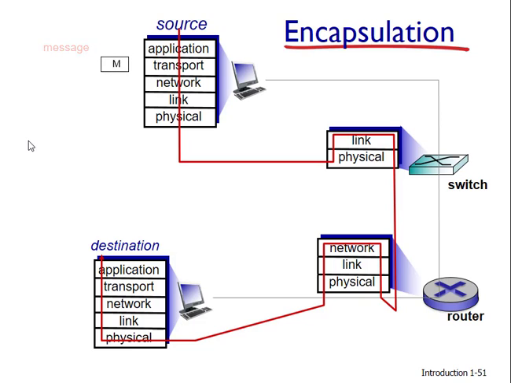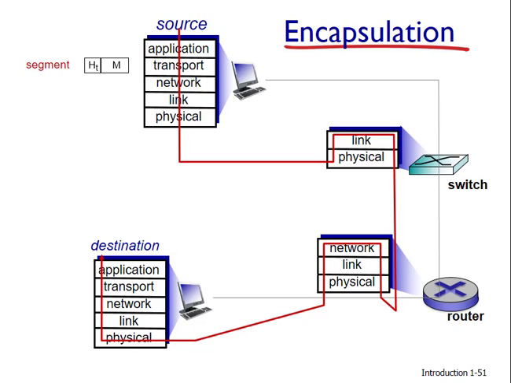That's the M that we see here. In the simplest case, the transport layer takes the message and appends additional information. This is information that the layer providing the service needs for use by the receiver side transport layer. This is the so-called transport layer header information.